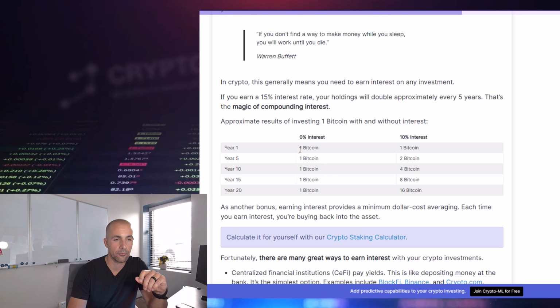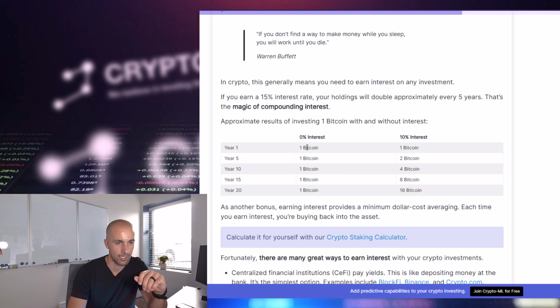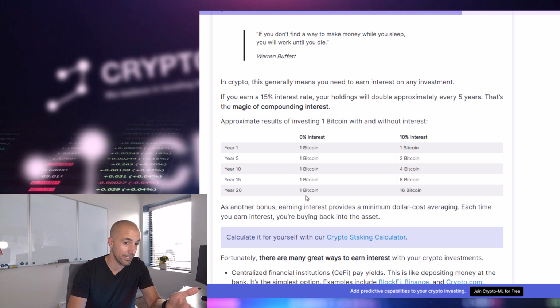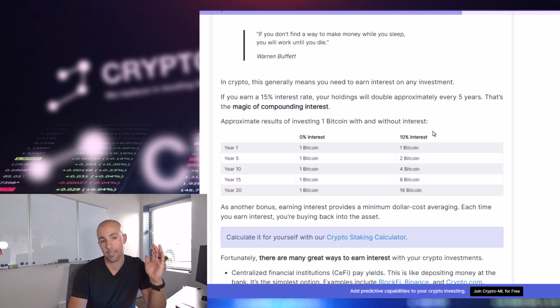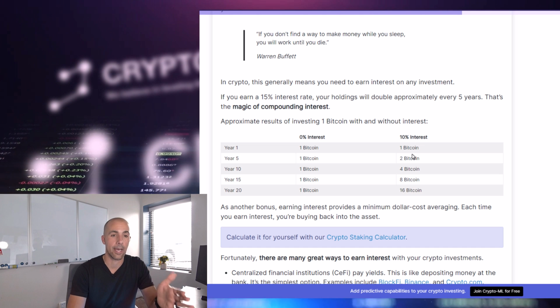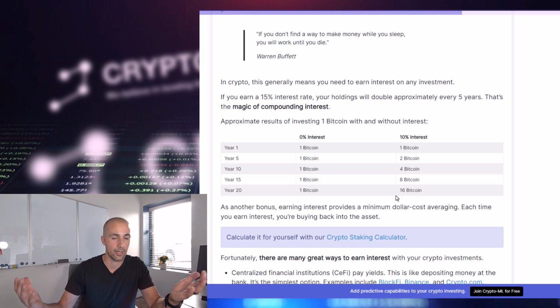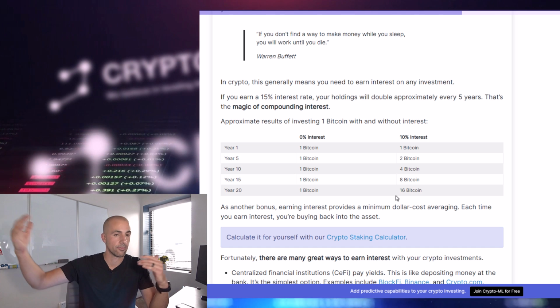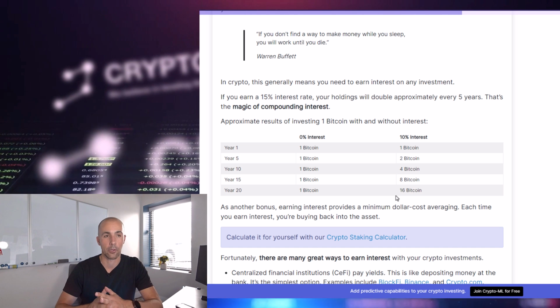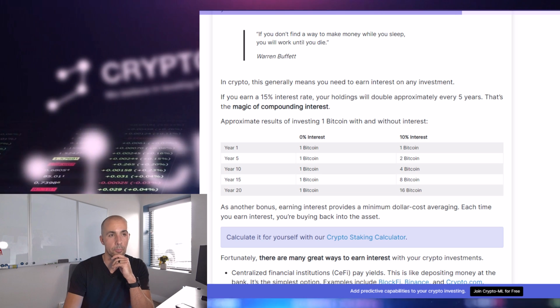If you were able to earn that, your one Bitcoin over time, instead of if you didn't earn any interest staying one Bitcoin forever, if it did have 10% interest, you get that magic of compounding interest and it grows to now at year 20, you have 16 Bitcoin plus, multiply that times whatever their value is out 20 years in the future, which is pretty incredible.